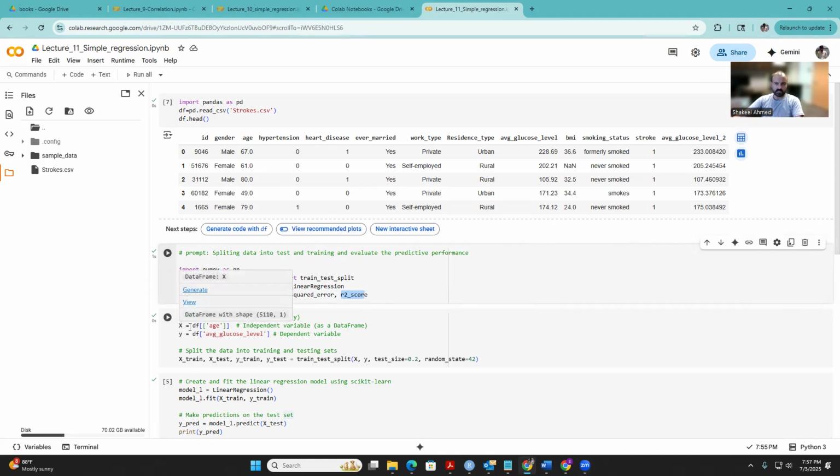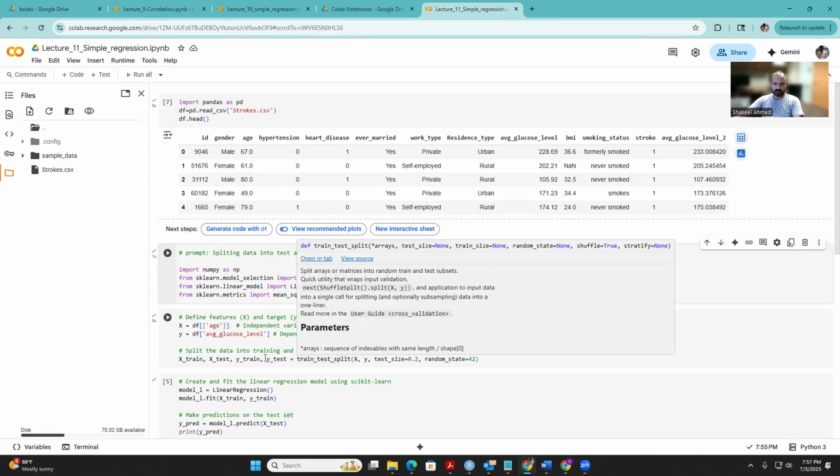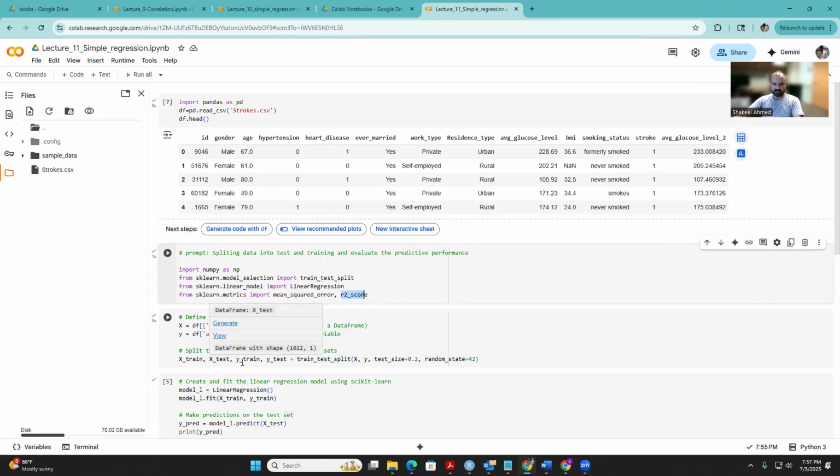We have the x variable, age, and the y variable, average glucose level, and then we split the data into x train, x test, y train, and y test. Mostly x train and x test consist of two or more columns when we have several predictors, but y train and y test usually consist of only a single vector.